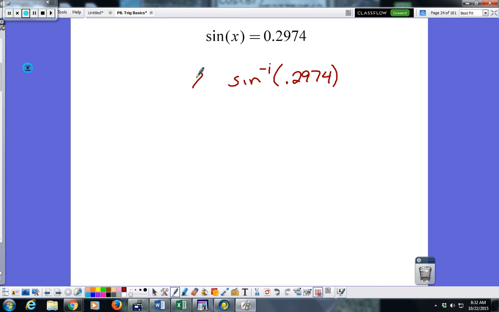X equals inverse sine of 0.2974, which is about, how many degrees? So about 17 degrees. And they'll tell you, do I round it to the nearest degree, do I round it to the nearest tenth, or what? So X is about 17 degrees, or, and I'm not telling you how yet to get these, X could also be 163 degrees. That'd be another solution to this, but we'll talk about that later.